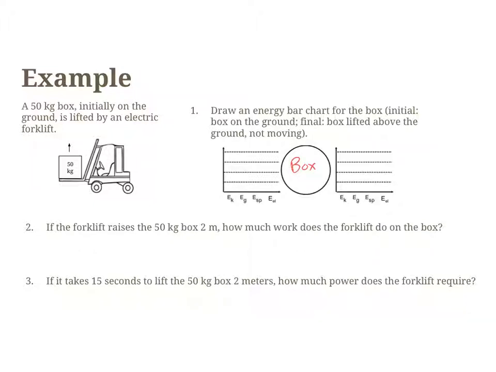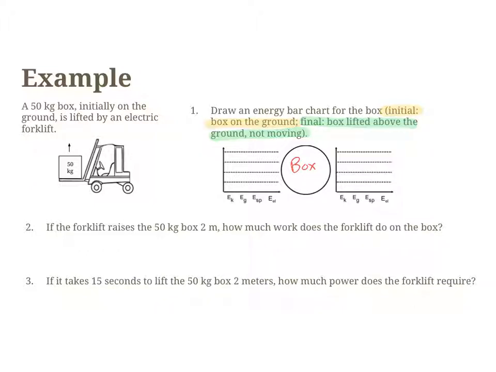And so initially, the box is on the ground, not moving, and so that means the box has no energy. Finally, the box is lifted above the ground and is not moving. So it does have some energy, but it's a very specific type of energy.